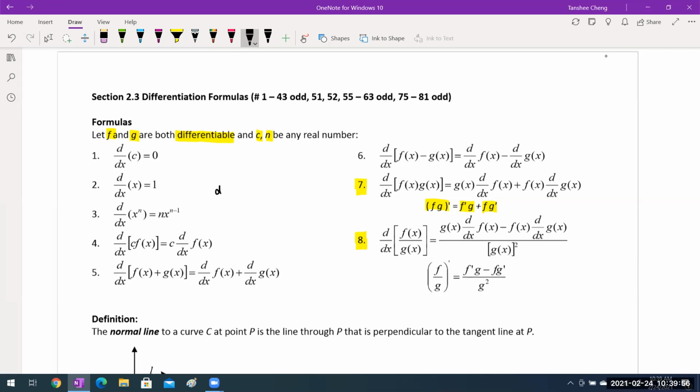For example, the derivative of f times g times h is the derivative of the first function times the other two, plus the derivative of the second function times the other two, plus the derivative of the last function times the other two. So you can expand it out the same way as with two functions.